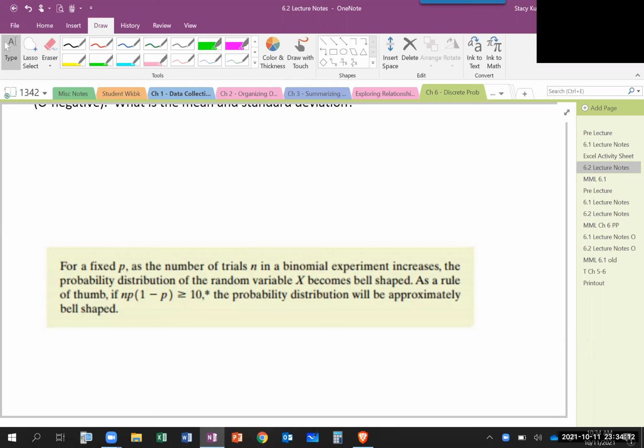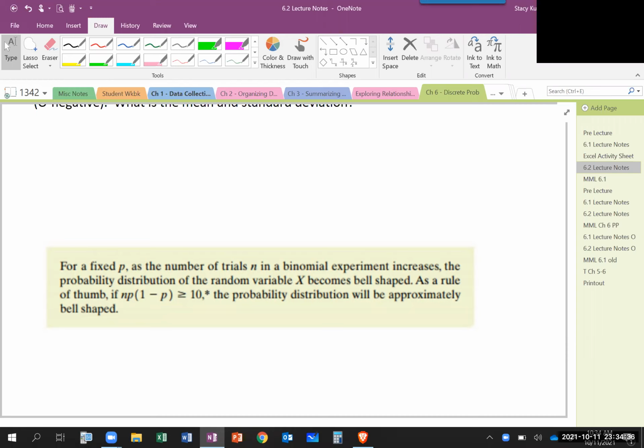So if I don't want to go through and play with numbers and determine whether or not my shape is skewed or not, we have a little formula right here that says NP times 1 minus P has to be greater than or equal to 10. And that gives us a quantitative measure.